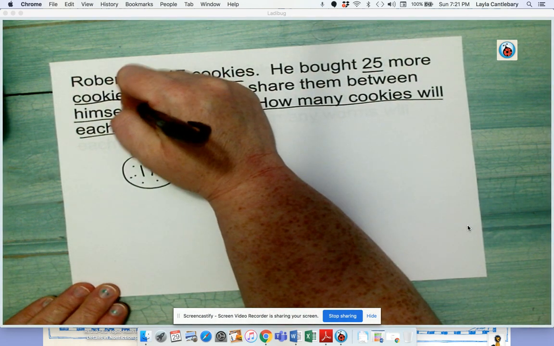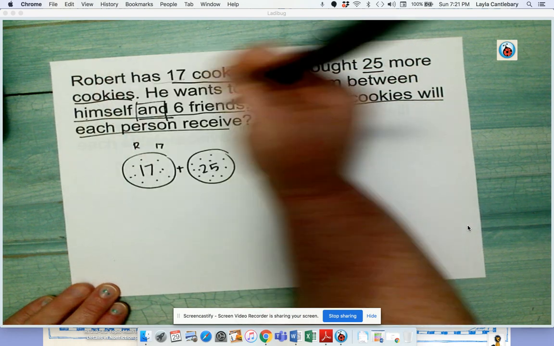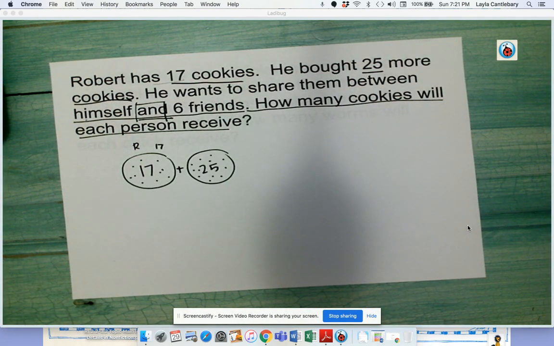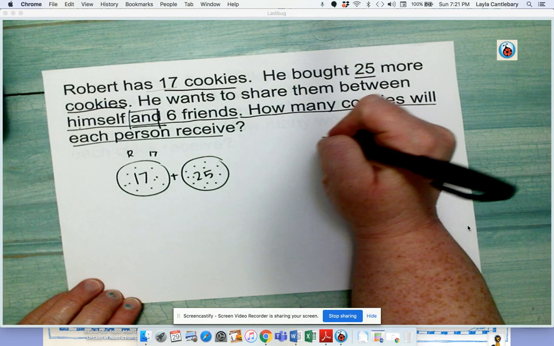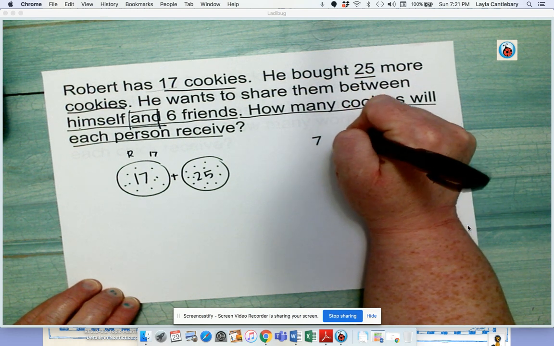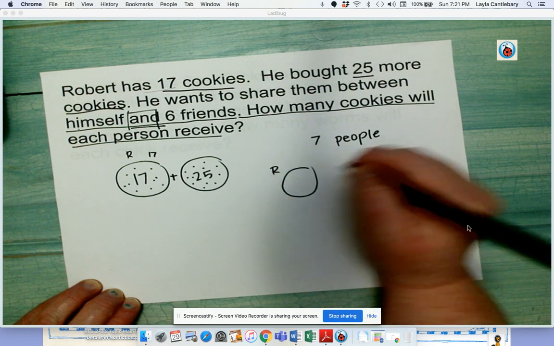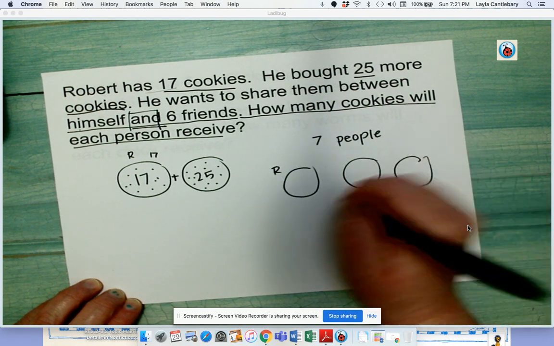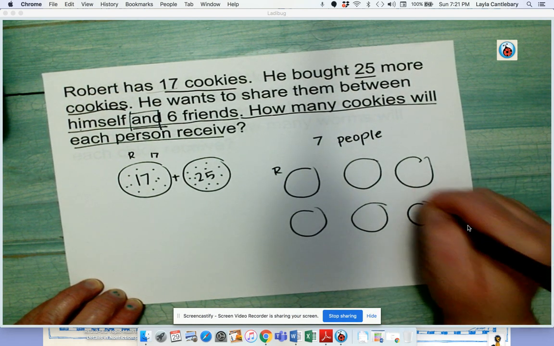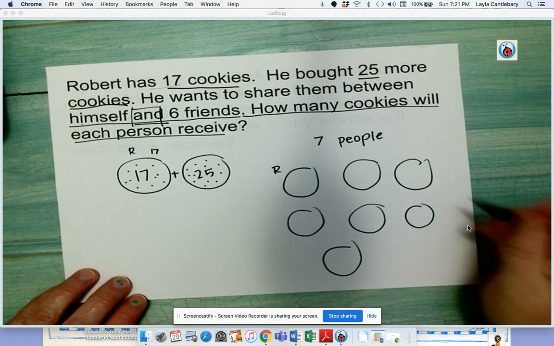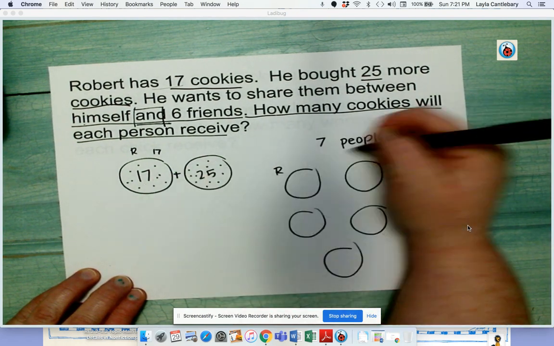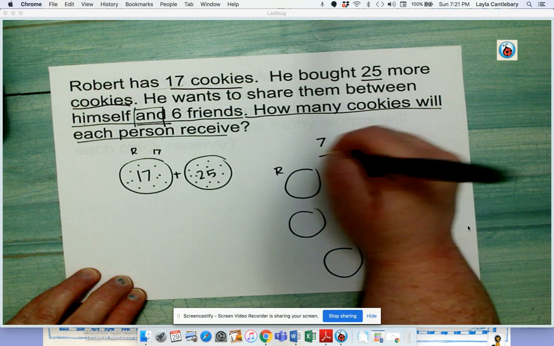Notice it says himself and 6 friends, so we're not just talking about 6 friends. It's trying to trick you there. We're talking about 7 people, right? Because Robert counts as one person, and then he has 1, 2, 3, 4, 5, 6 friends. So we're going to take these cookies and split them up between 7 people.